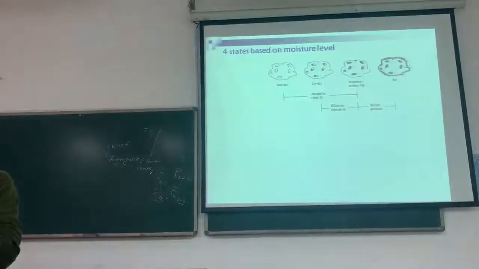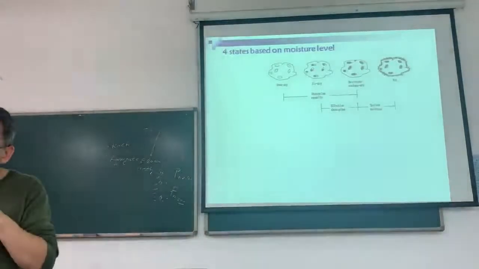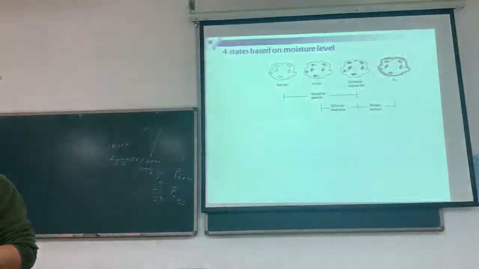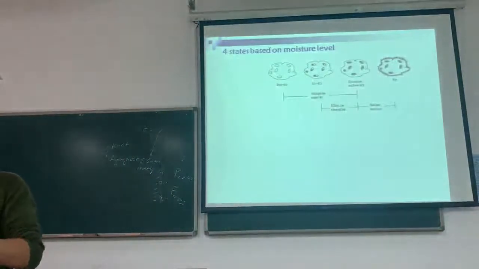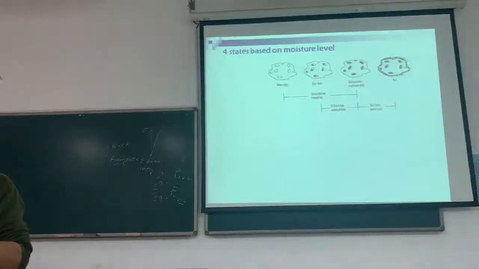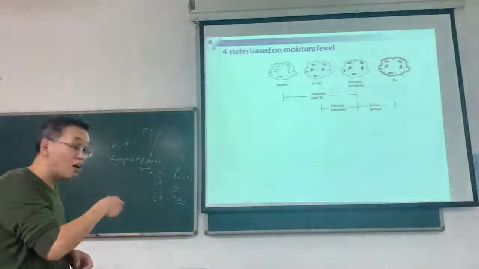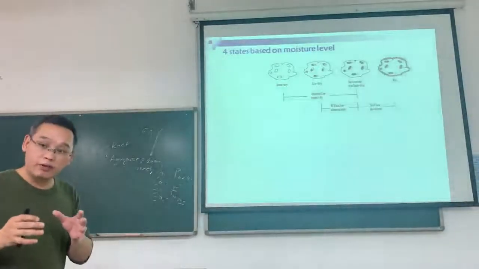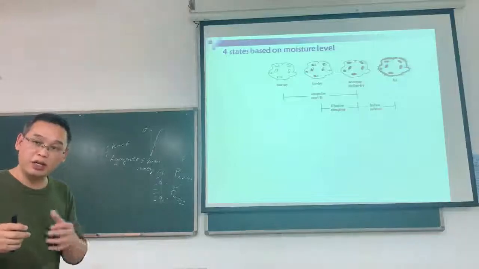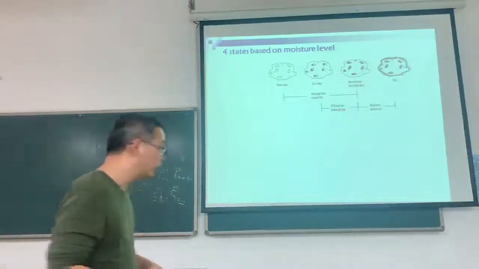The aggregates must be heated at about 180 centigrade. At this high temperature, the moisture in the aggregates can disappear. So the oven dry state is also very important for the application of the aggregate in concrete.